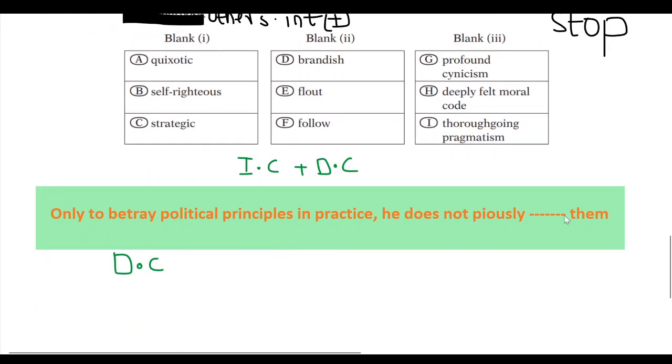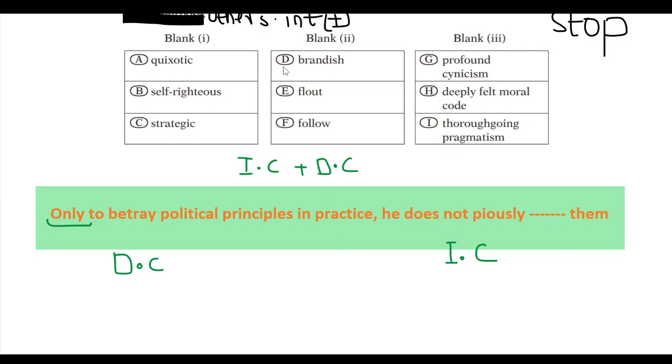He does not piously dash them. This is a dependent clause. How can I tell? Because of this subordinating conjunction, only to betray political principles in practice. He does not piously dash them is an independent clause. So I have used my structural analysis ability to decipher that.